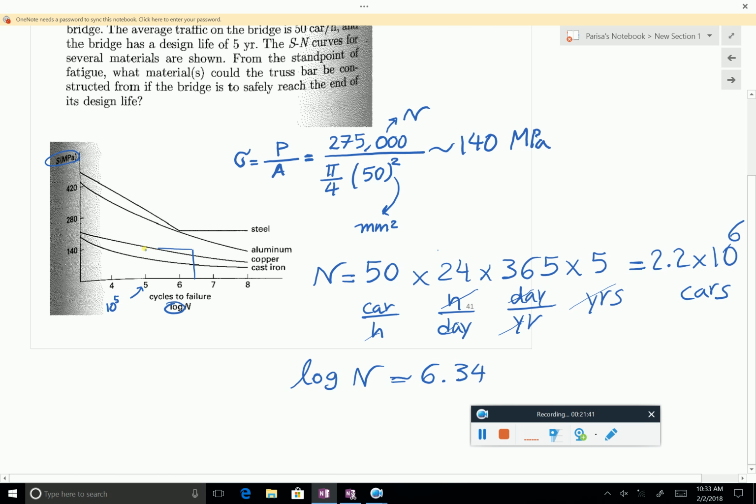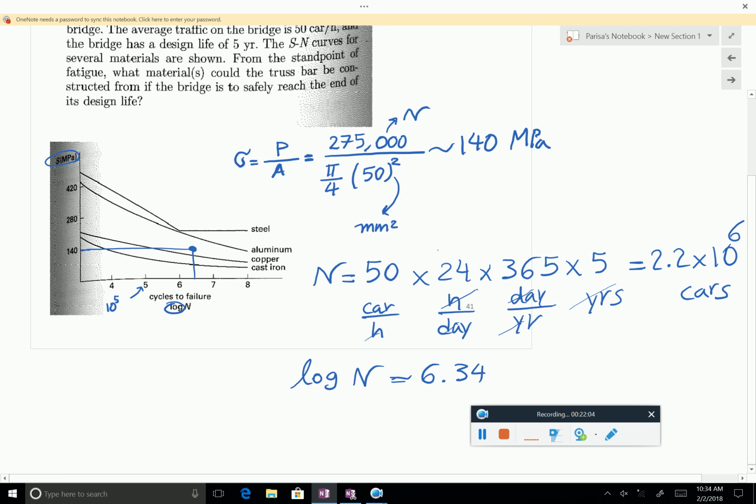Then all we need to do is look up this number on the curve. At this level of stress, with this many repetitions, we have to decide what material would fail and what wouldn't. The points above copper and cast iron mean that they both fail.